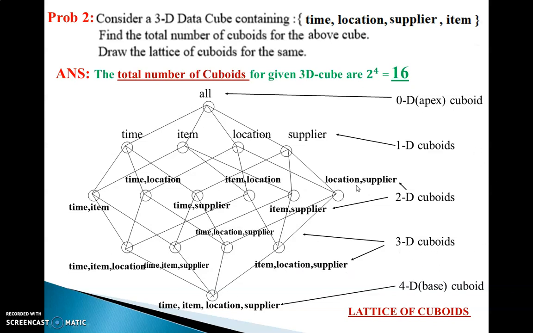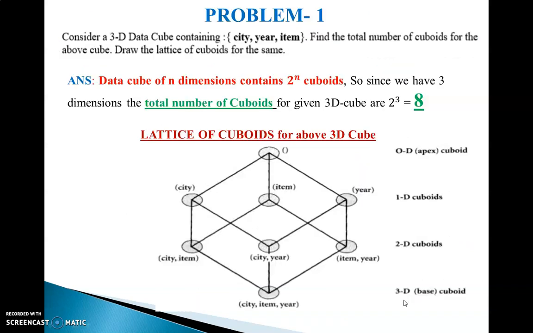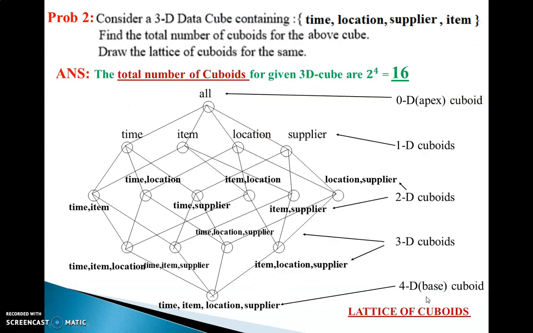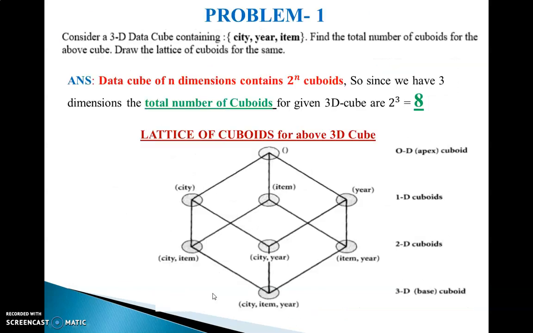And last is your 4 dimension. In the previous example the 3 dimension was your base cuboid, but here your 4 dimension is the base cuboid, where you have all 4 dimensions. This will give you the total sales.